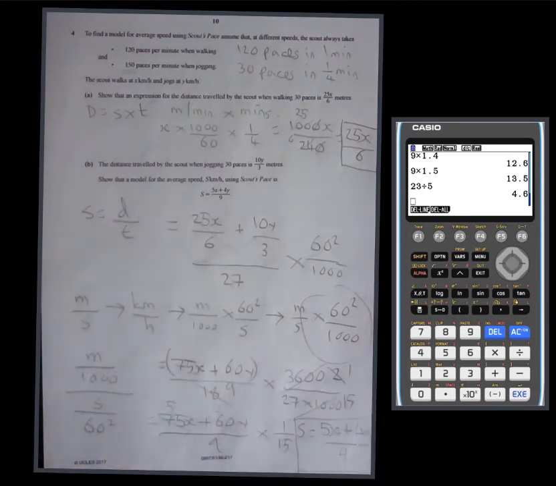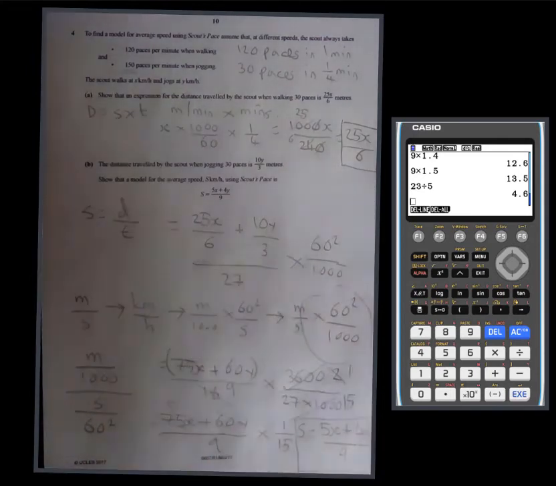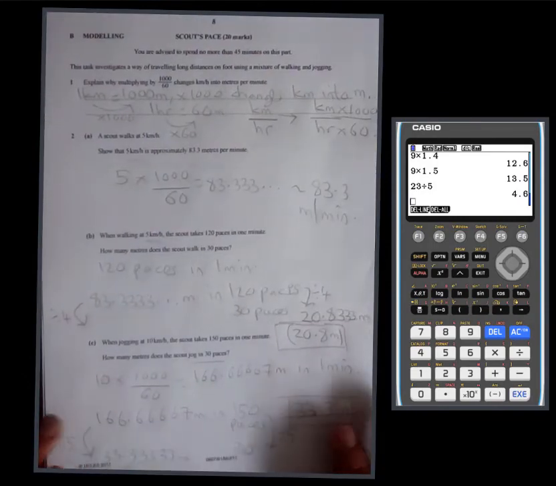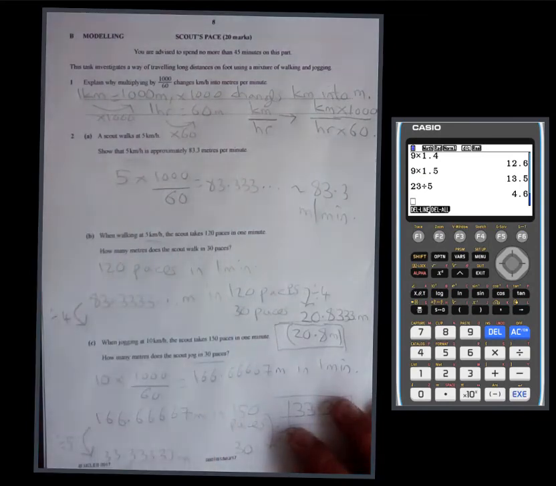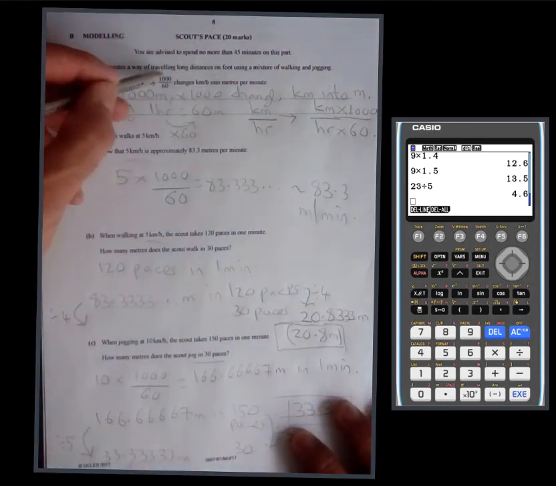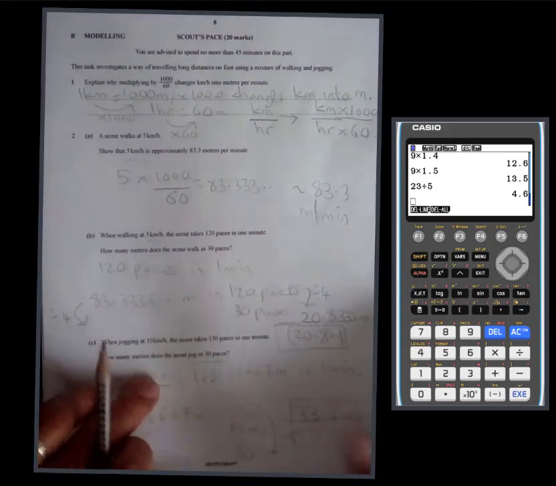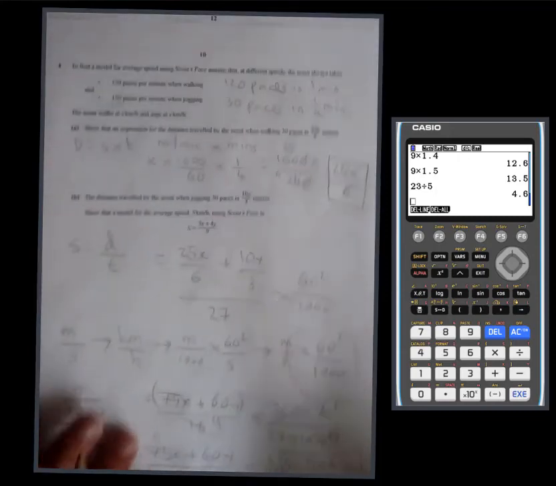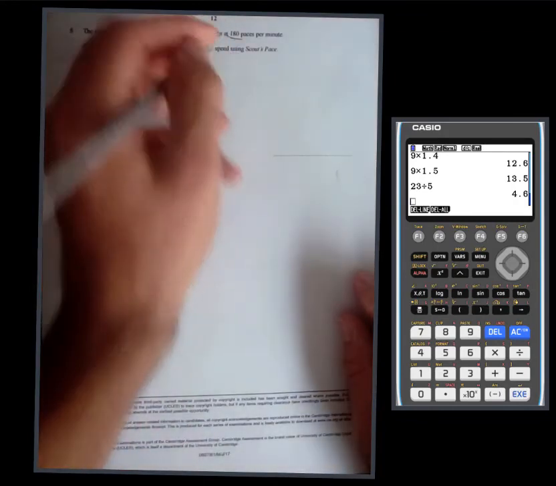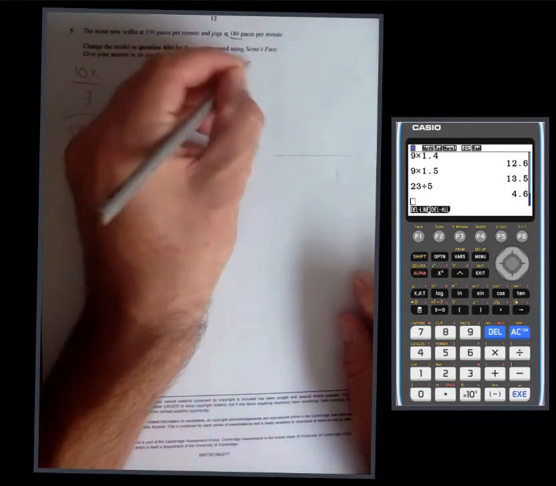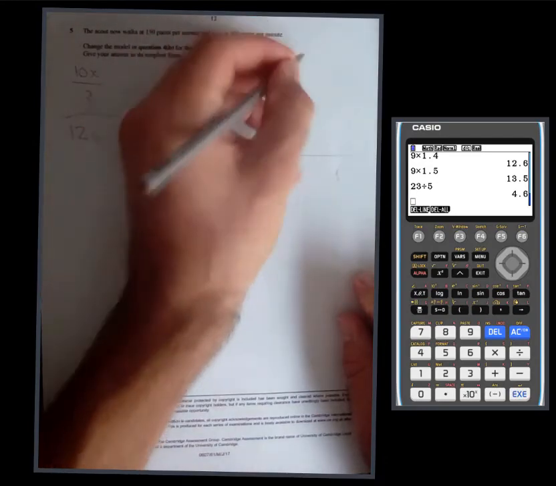I'm going to use both of those numbers, because I'm still going to use this bit that we were given right at the start, which tells us how to convert kilometers an hour, which is what the speeds are given in, to meters per minute. So I'm going to times by 1,000 over 60. So if we think about y, we have 180 paces in 1 minute.